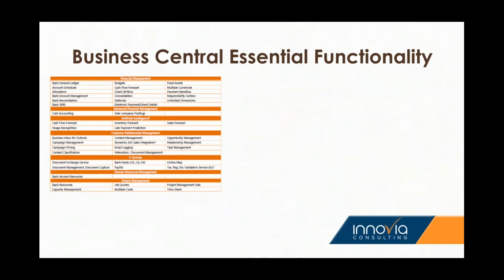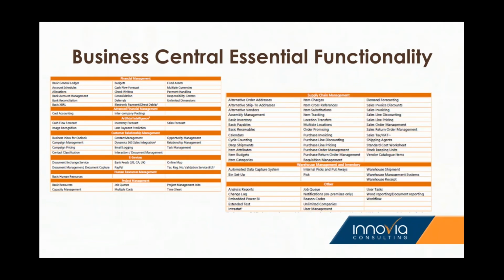If we take a look at an essential license, we'll see that most of the Business Central functionality, such as financial management, customer relationship management or CRM, human resource management, and project management are included. In addition, it includes supply chain management, which houses your inventory, your sales order management, and your purchase order management. It also includes warehouse management.